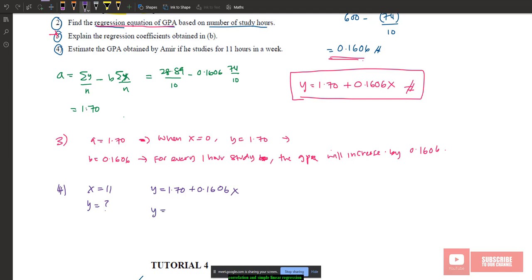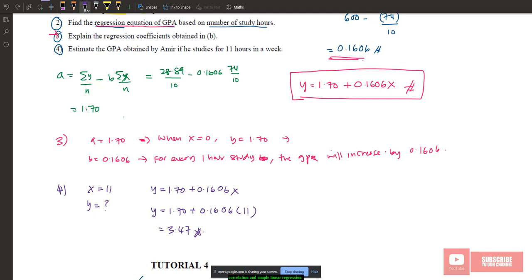So Y equal to 1.70 plus 0.1606 multiplied with 11. So this one should be equal to 3.47. So the GPA of Amir should be 3.47 if he studies for 11 hours.